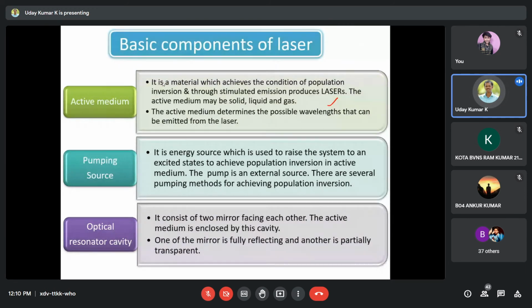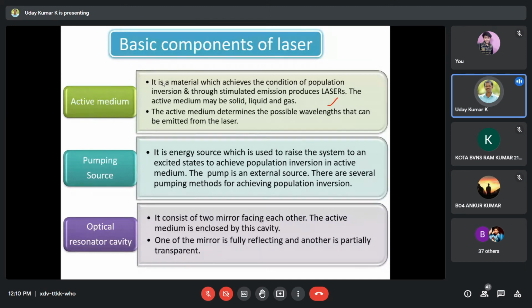Now, these photons should not just leave like that. So what you do is you create mirrors. Of the two mirrors, one is completely polished and the other one is partially coated. Visualize the video I showed you: the photons go and hit one mirror and get reflected, and between the two walls there are many atoms.